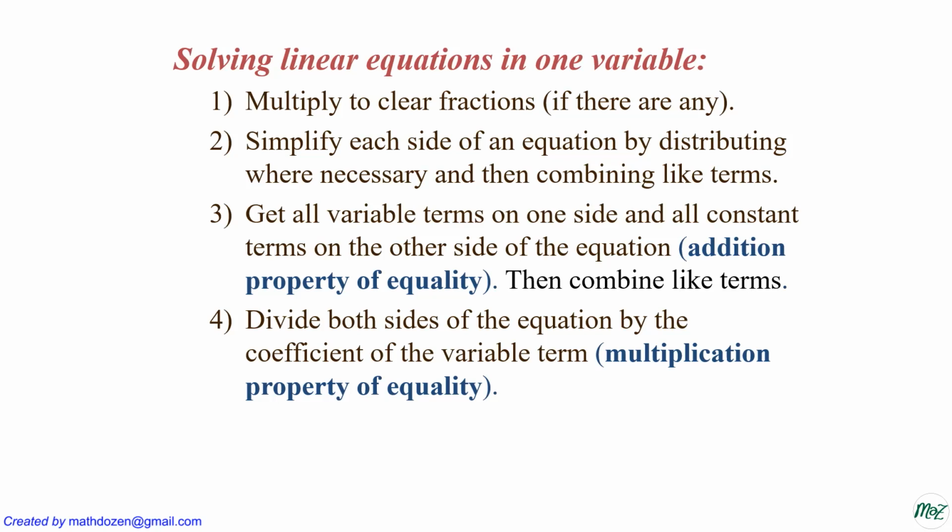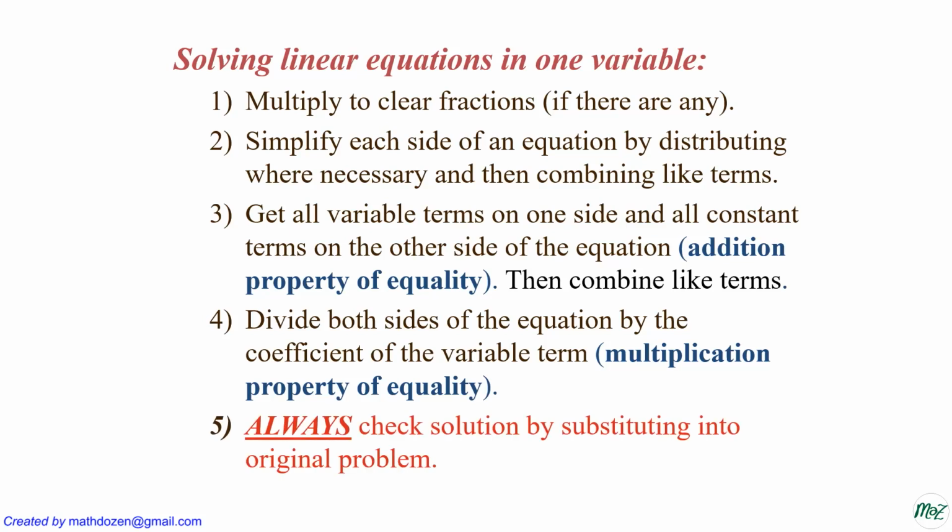This is when you divide or multiply both sides of the equation so that you have the variable just as the letter without any coefficients in front of it. And finally, always check the solution by substituting whatever you have as a possible answer in the original equation before you made any changes described in these 4 steps.